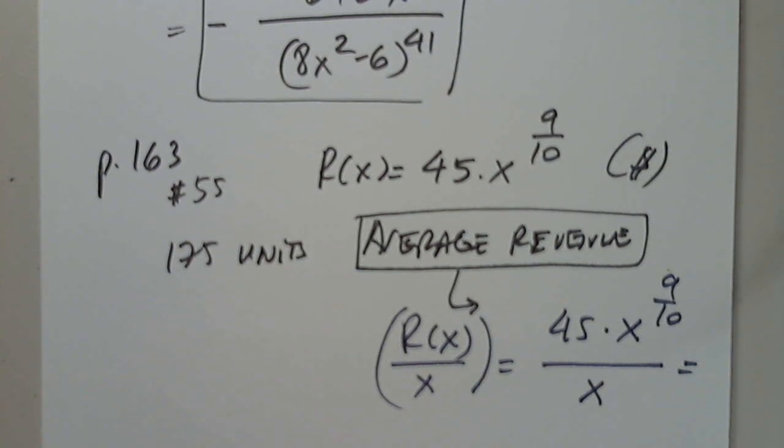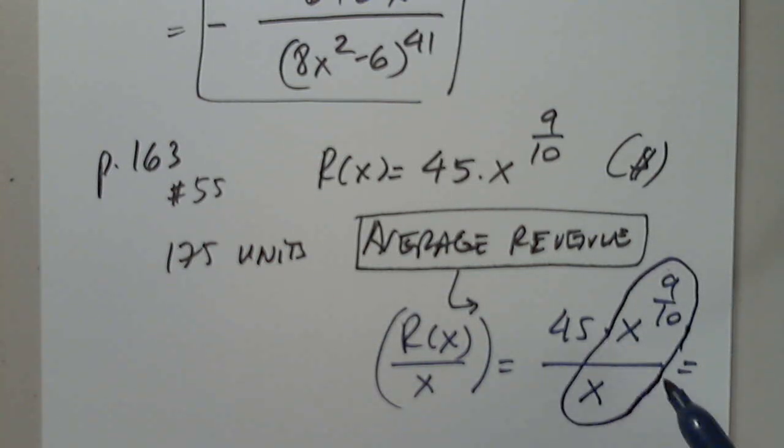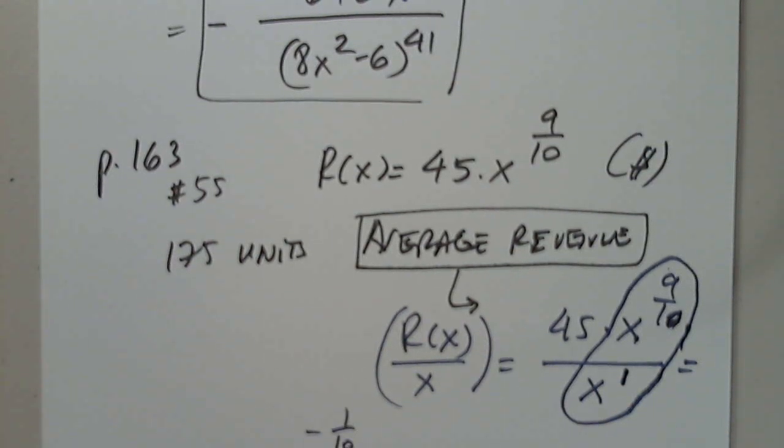I copy the base, and what happens to the exponents? What is the rule for dividing two exponential notations with the same base, different exponents? So this is 9 over 10. That's right. Thank you so much. From 9 over 10, I subtract 1 to get -1 over 10.